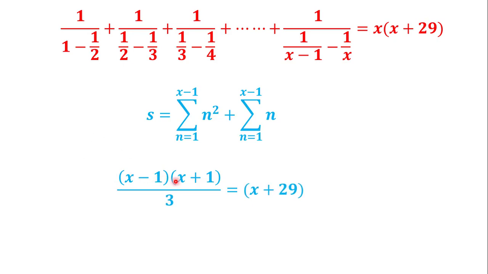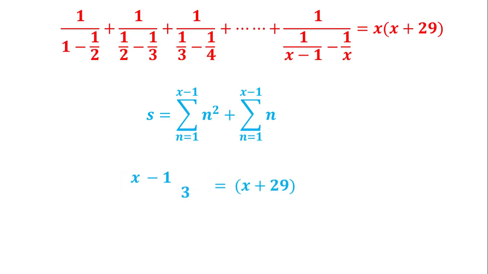X minus 1 times x plus 1 is going to be x squared minus 1, and we can multiply both sides by 3. So we're going to get this expression, and we can multiply x plus 29 by 3, and moving to the other side, we get a quadratic equation.